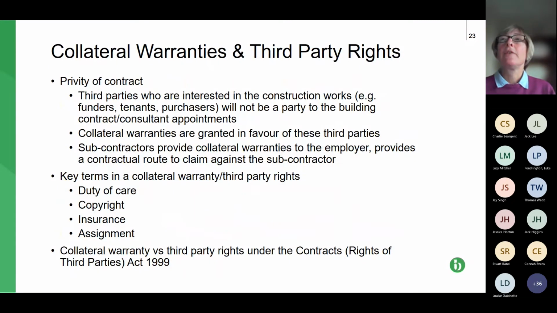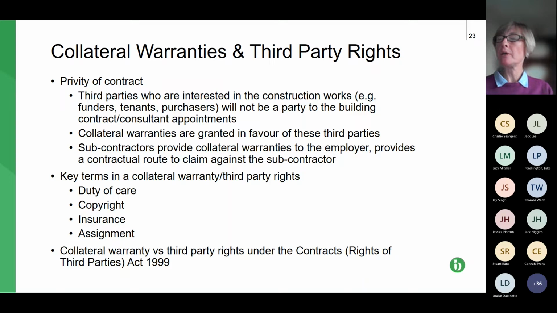And for the final slide, I just wanted to talk about third-party rights and collateral warranties again, because collateral warranties are actually quite a simple concept, but parties often get very muddled about what it all means. The fundamental point here goes back to the issue of privity of contract.